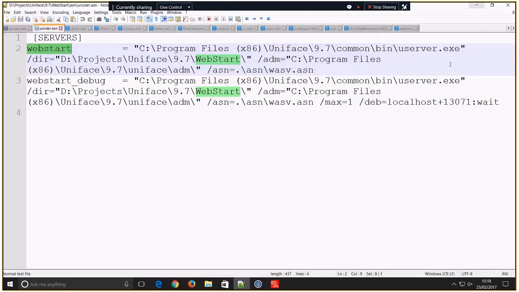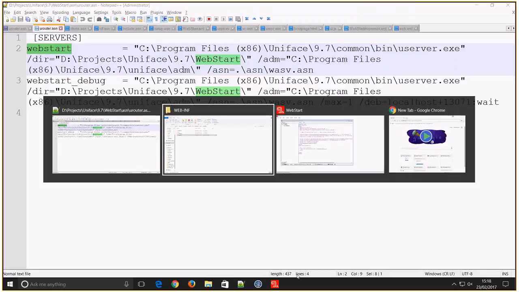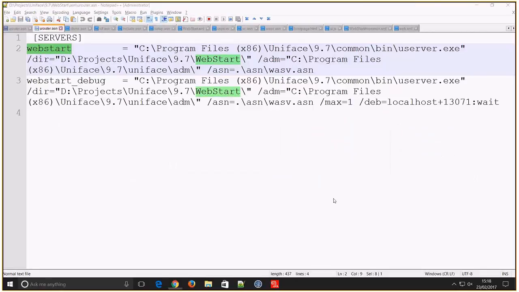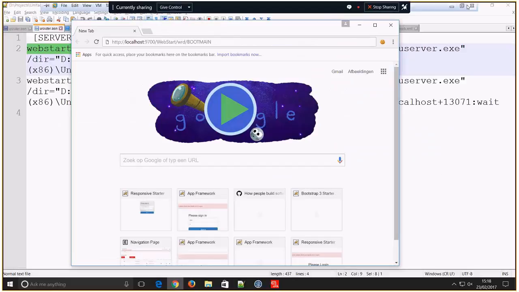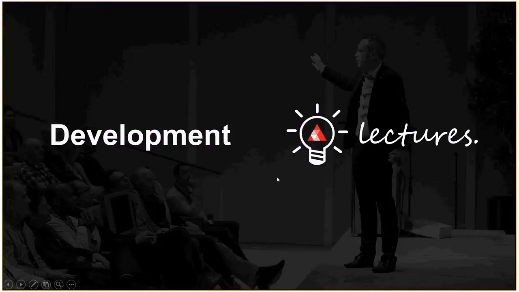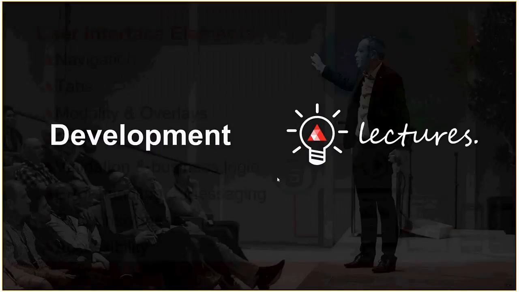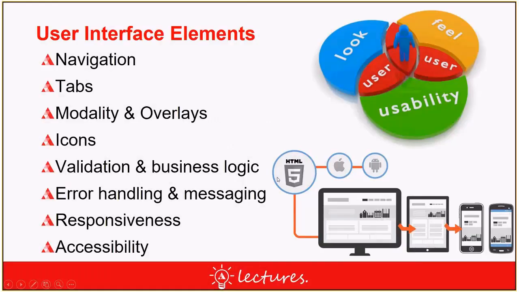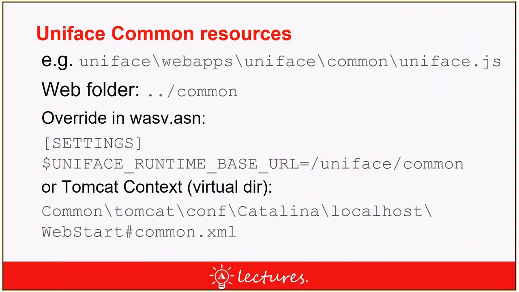So, coming back to my presentation, hold on, sorry, we'll quickly shut it down, here we go. The other thing you need to be aware of is the fact that Uniface provides some of its own functionality via a JavaScript file, like for example Uniface.js that does all the data synchronization, and that needs to be available.